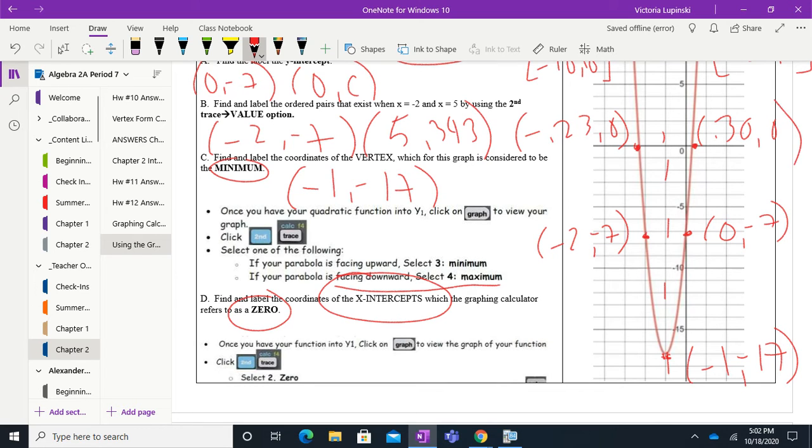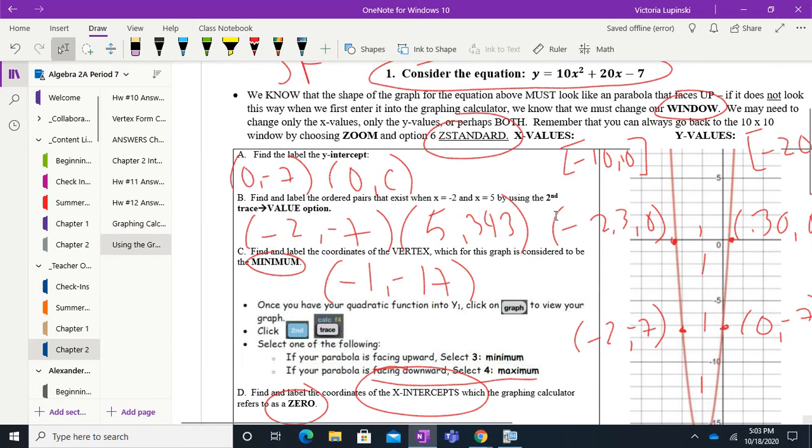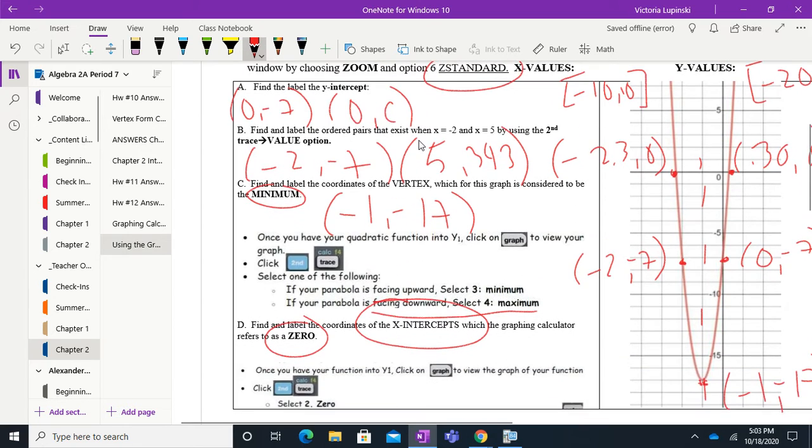So 0.30 and negative 2.30. Let me try to find my eraser here just to make sure that's clear. All right, so negative 2.3 comma 0. And I had it graphed correctly. I just had written that down wrong. So sorry for that. All right.